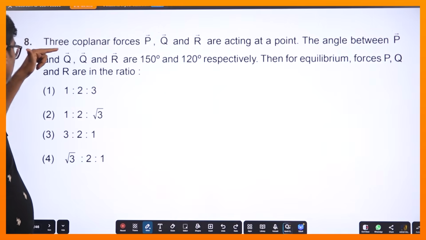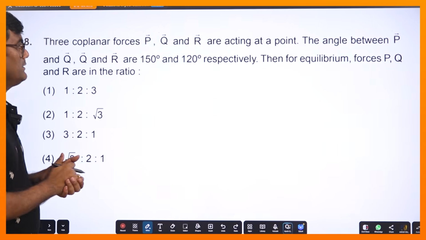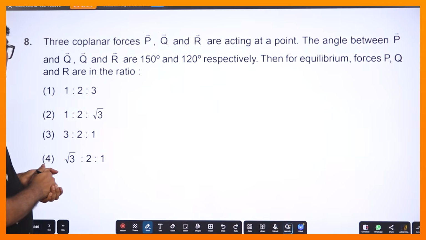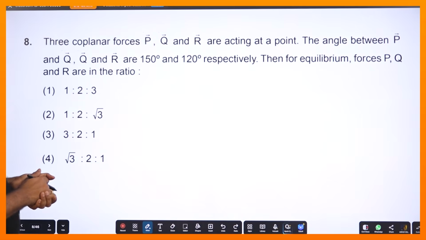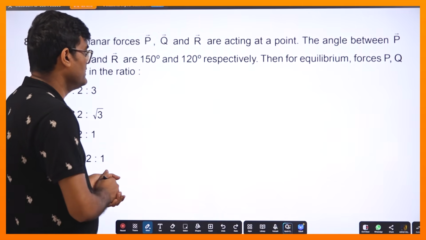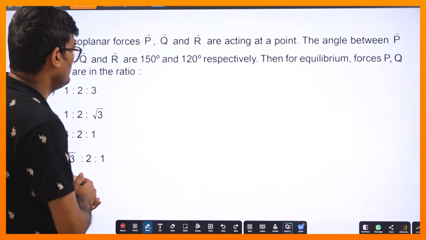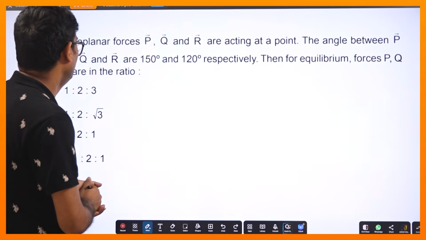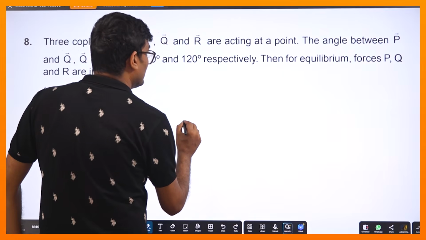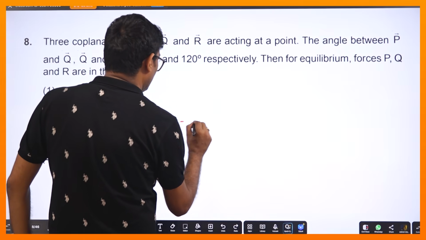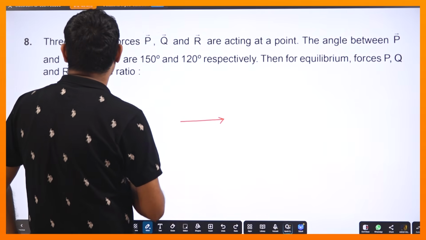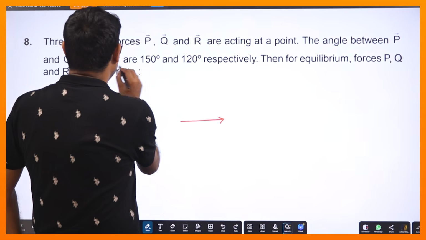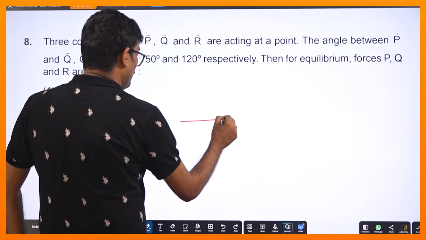Moving to the next question, three coplanar forces are acting at a point. The angle between P and Q, Q and R are 150 degree and 120 degree respectively. Then the equilibrium forces P, Q and R are in the ratio. Okay, P, Q are acting at a point. If this vector is P vector, the angle between P and Q is 150 degree, right?